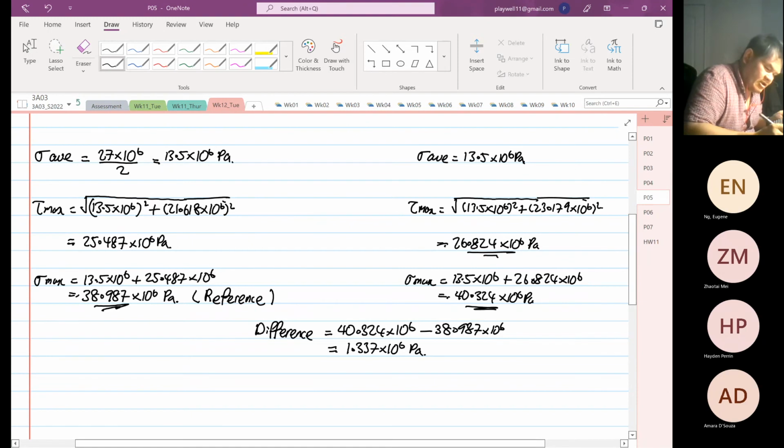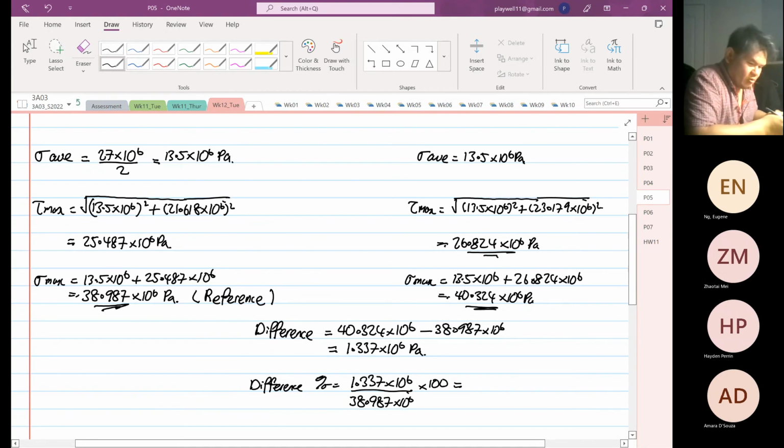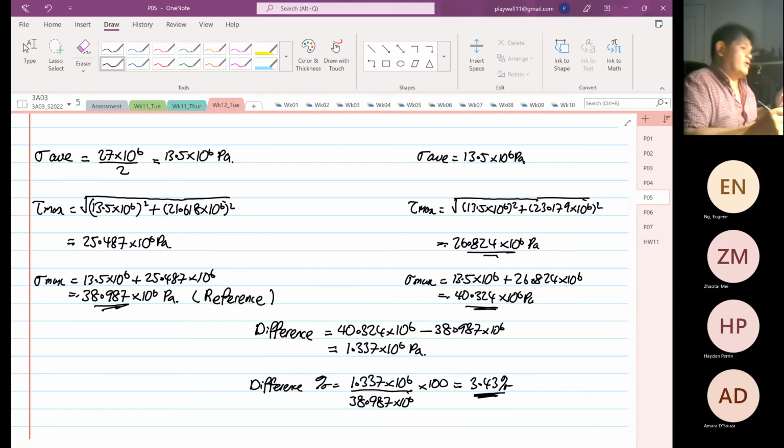If you calculate the difference in percentage, this is 1.337 times 10 to the power 6 divided by 38.987, multiplied by 100. The difference is only 3.43%. That is very small, so that is why we can ignore.